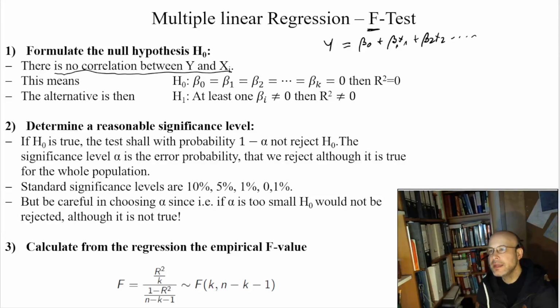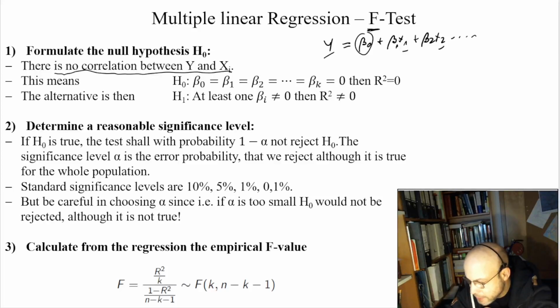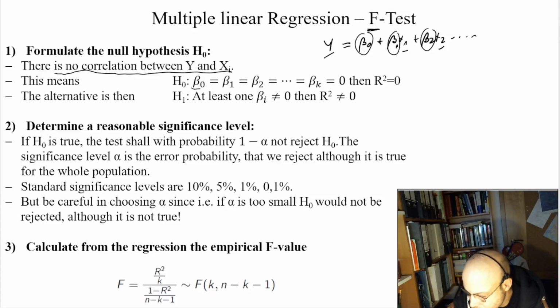If there is no correlation between y and all our x values, then from our data we should find that every single beta value has to be 0.